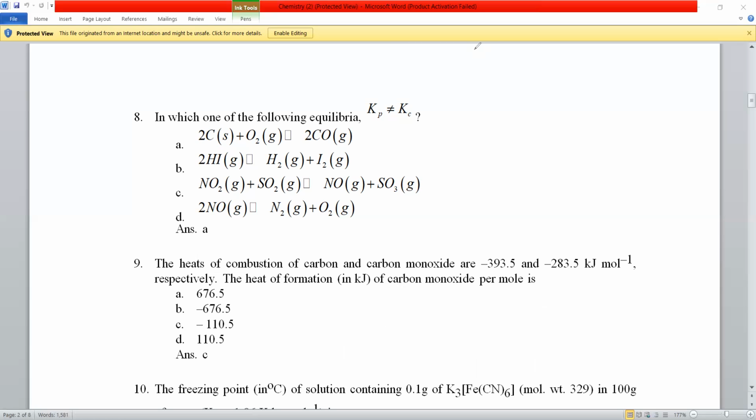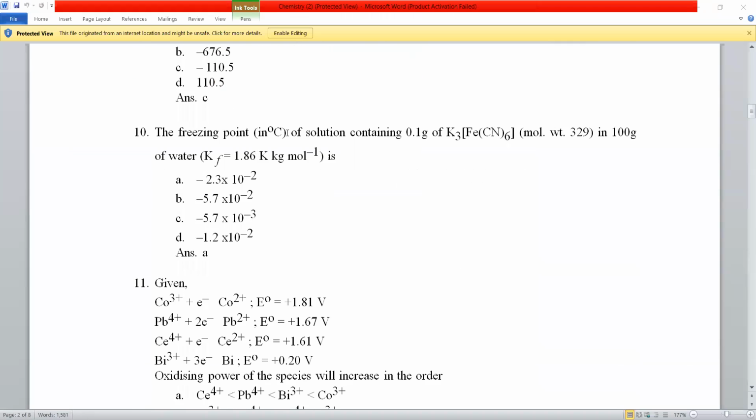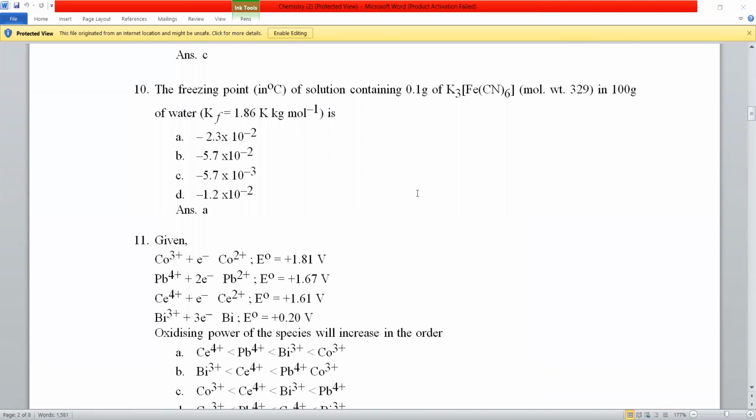Next, question number 10. The freezing point of a solution containing 0.1 gram is asked. W2 is given as 0.1 gram, MW2 is given as 329, and 100 grams of water is given, so W1 is 100 grams, the weight of solvent. Kf is given as 1.86.